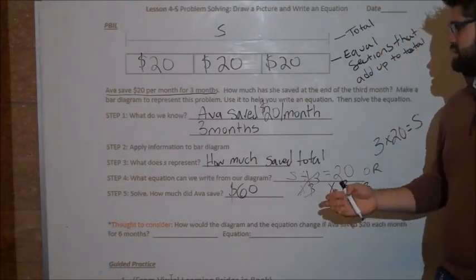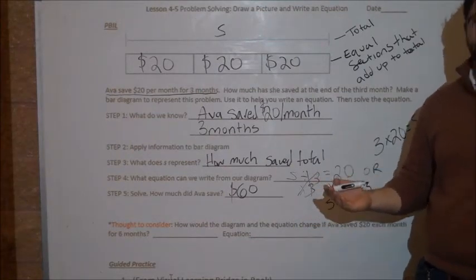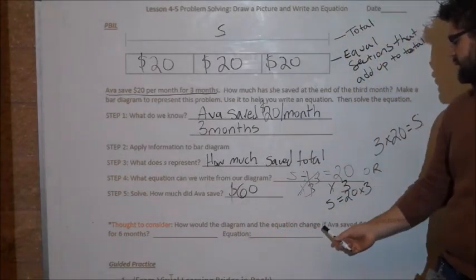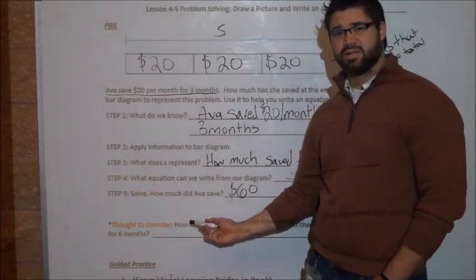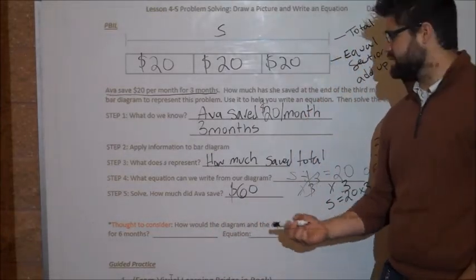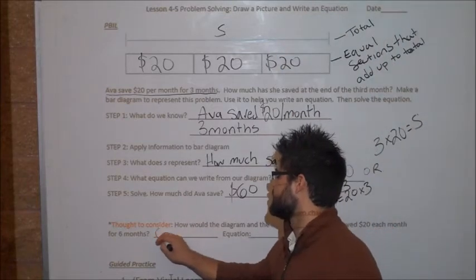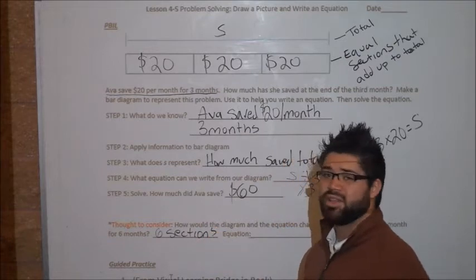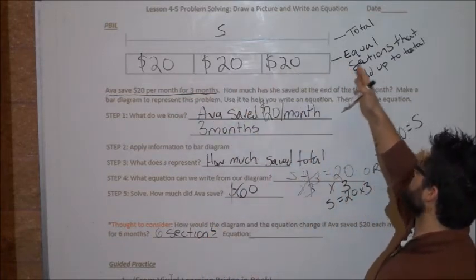Let's take a look at this thought to consider down there at the bottom of your PBIL section, just to make sure that we have things cleared up. This thought to consider: how would the diagram and equation change if Ava saves $20 each month for 6 months? Well, since she's saving for 6 months, there would be 6 sections to our bar diagram. It would be 20, 20, 20, 20, 20, 20, right?